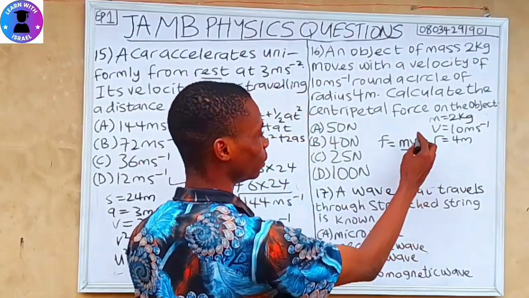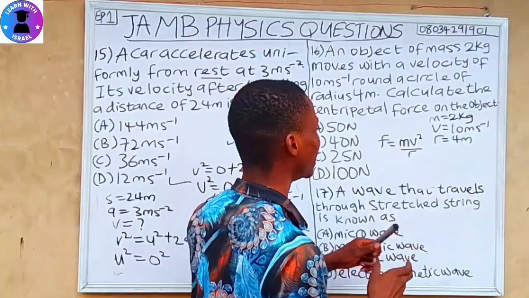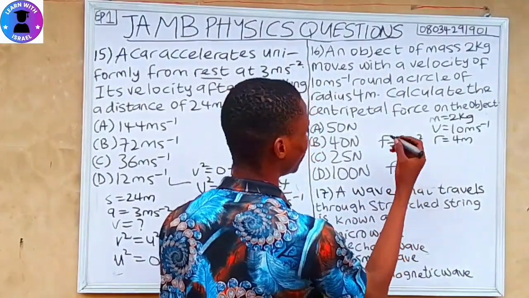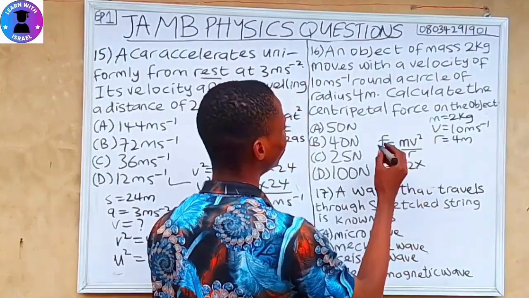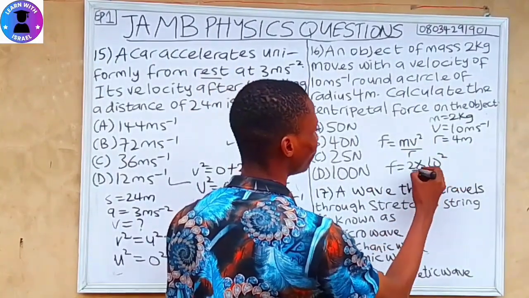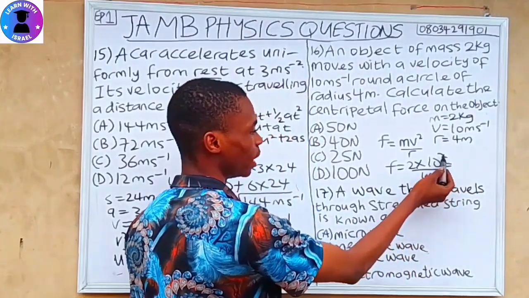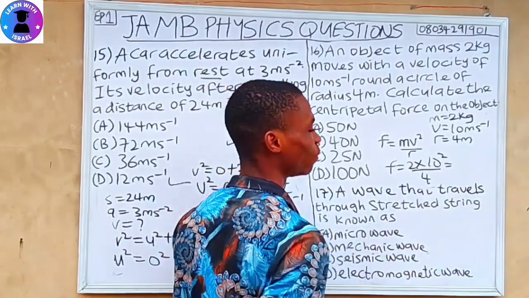Don't forget to square the velocity. If you leave out the square, there's no way you get the correct answer. So our centripetal force is our mass 2 multiplied by our velocity 10 squared, divided by our r, which is 4. So 10 squared is 100, 2 times 100 is 200, and so on.